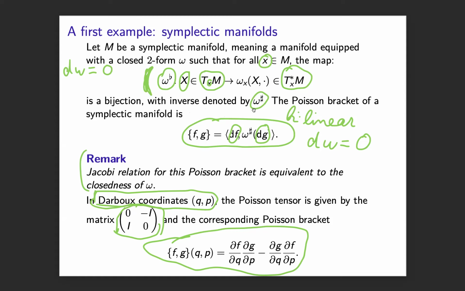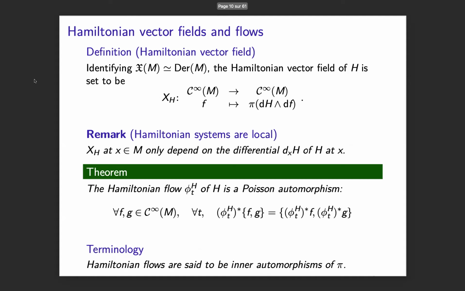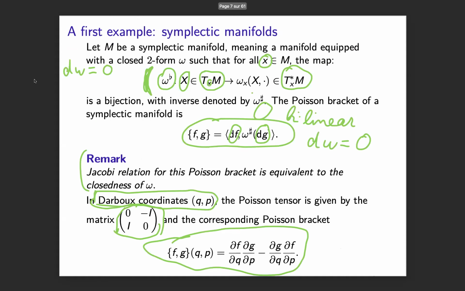So the inverse omega sharp is also bijective. And in Poisson geometry in general, this map is no longer a bijection. It has singularities, etc. So we will see this in more detail.